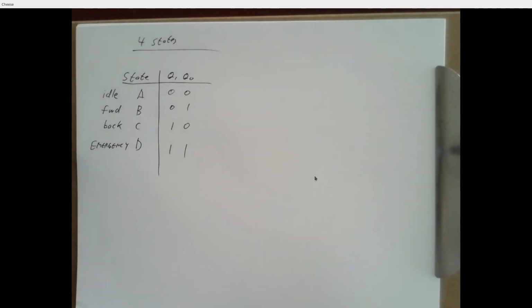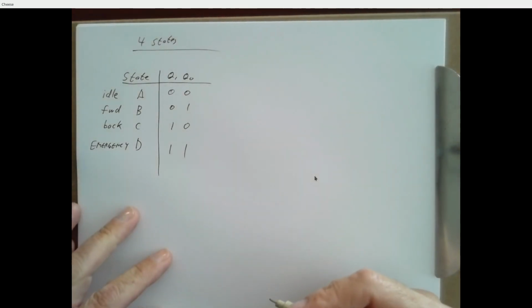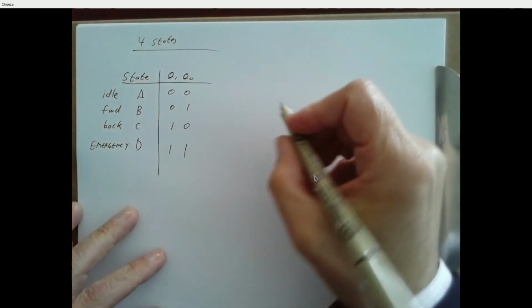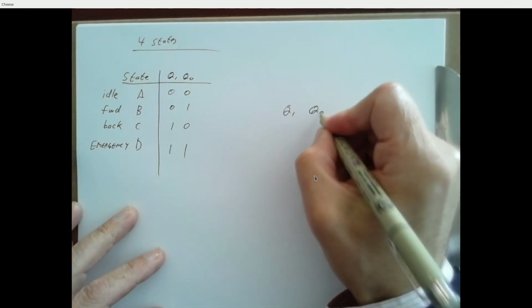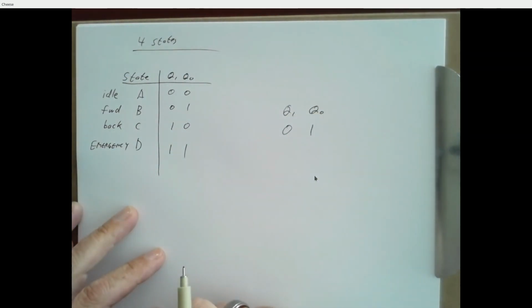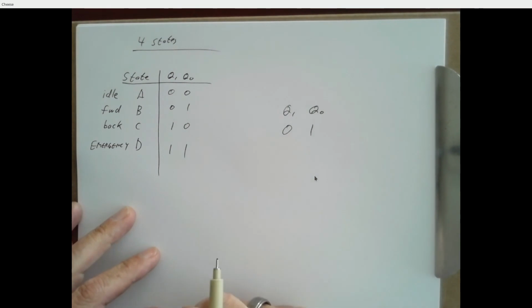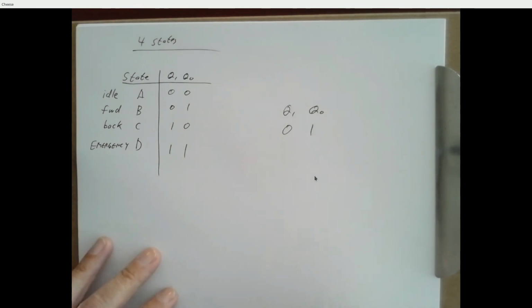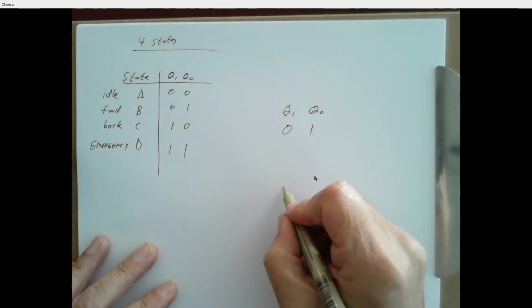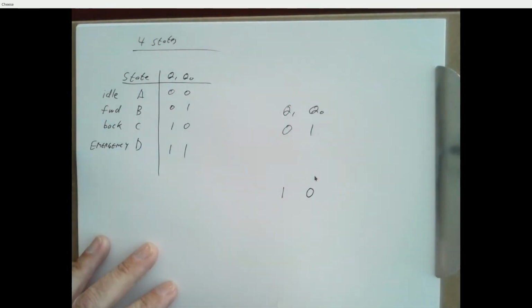Okay? So here's what's happening. You're running along, your circuitry that you built in 250 is running this system, and it's going forward. So you're sitting in this state right here. And now somebody wants the system to go backwards. So they type in some commands, and what's going to happen is Q1 is going to become a 1 and Q0 is going to become a 0.